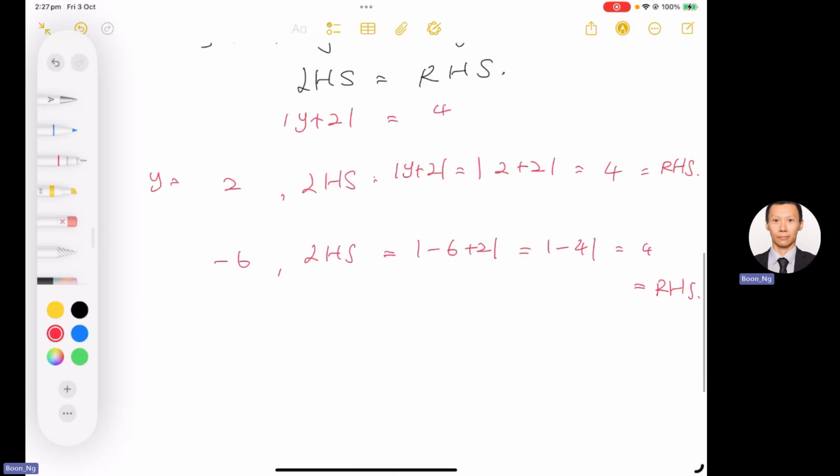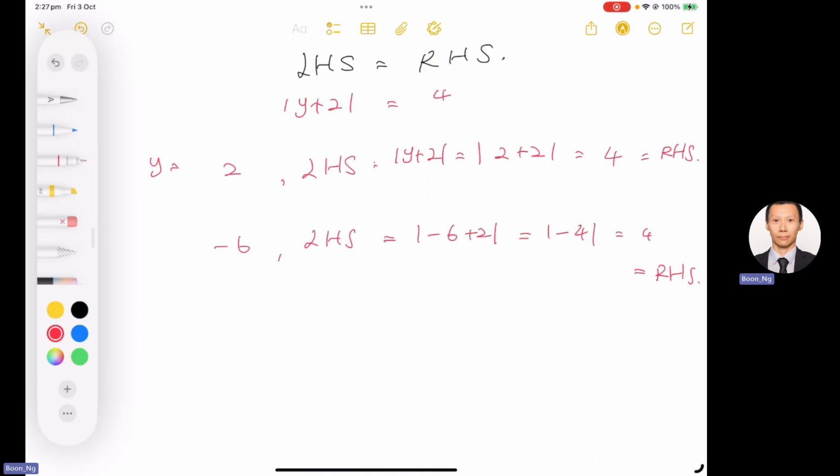Next we need to graph them. So we have this number line.